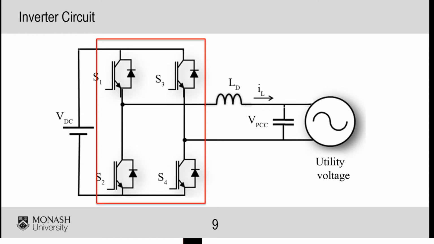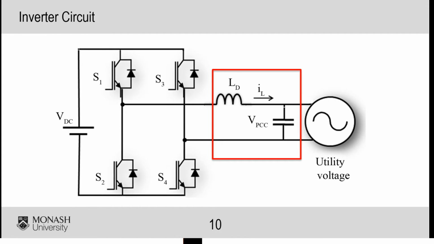The current flows from switch number 1 through a load, back to switch number 4, before going back to the negative terminal of the DC supply. To get the negative side of an AC voltage, the current first goes through switch number 2, through the load, then back to switch number 3 before going back to the positive terminal of the DC power supply.